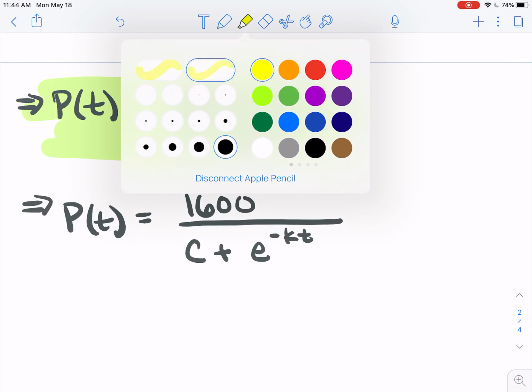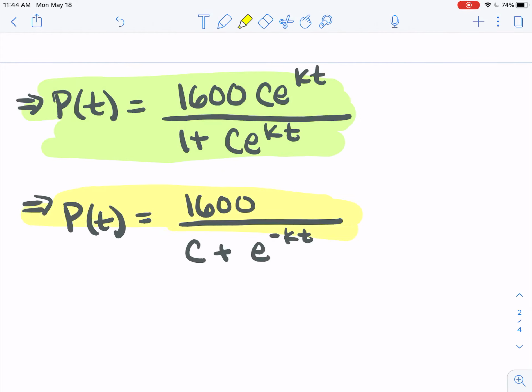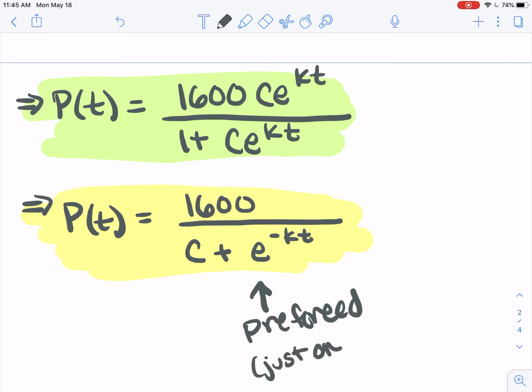These are equivalent, but people usually prefer this one because there's just one exponential in there. So it's a little bit simpler to analyze or graph or think about or look at limits or things like that.